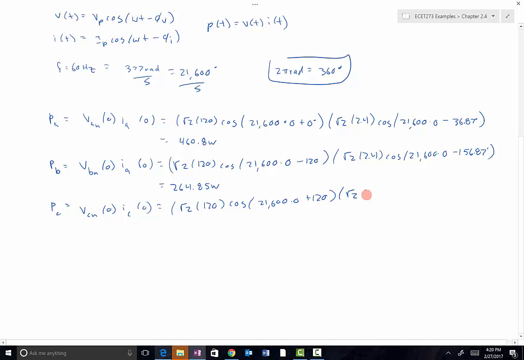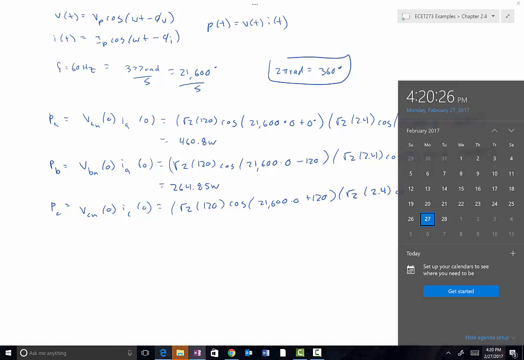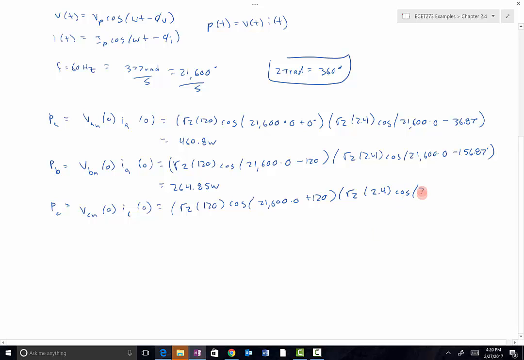Then we've got root 2 times 2.4 times the cosine of 21,600 times 0, and then it's going to be negative 36.87 plus 120 degrees, so plus 83.13 degrees, and we get a value of negative 34.45.